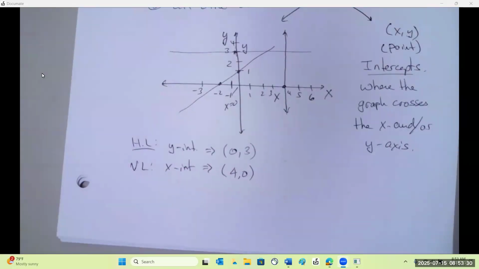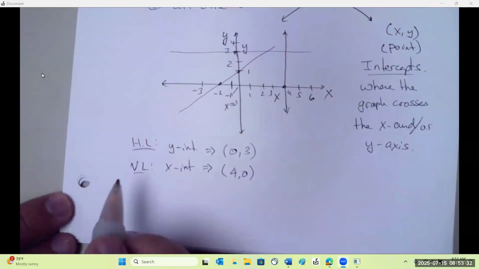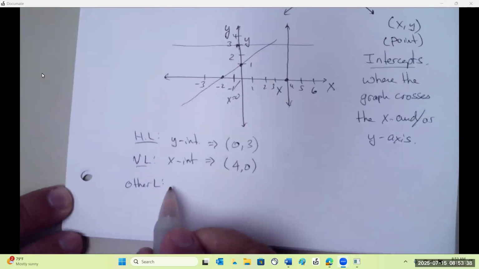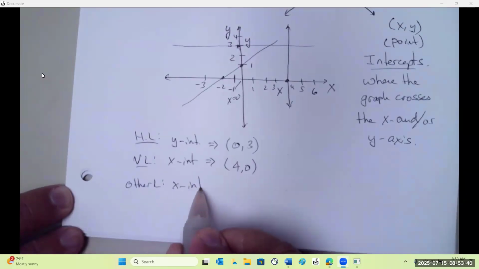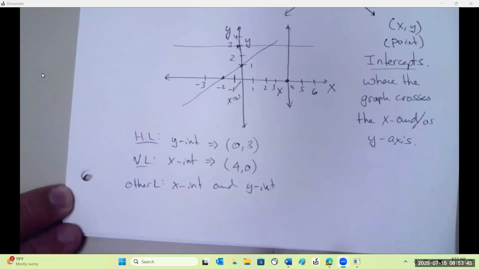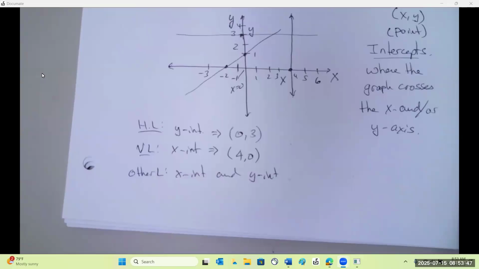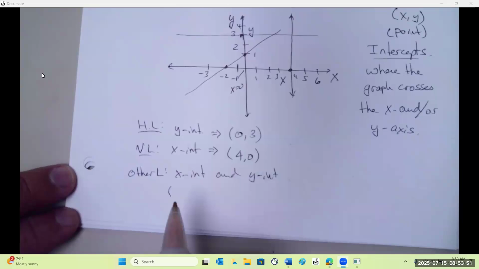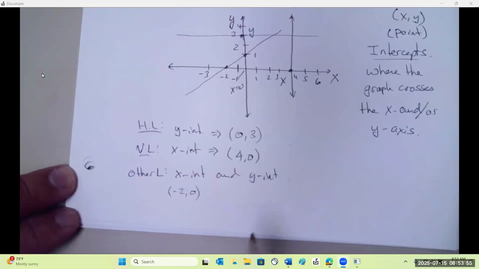Same with the horizontal line. And other lines will have both an x-intercept and a y-intercept. So what's the x-intercept on this example? -2, 0.